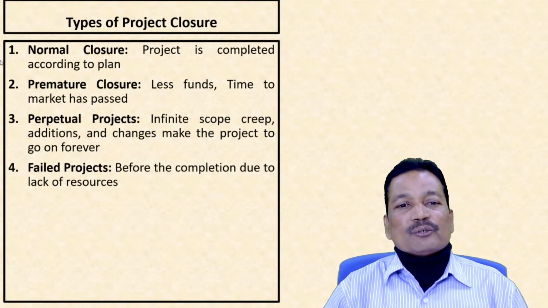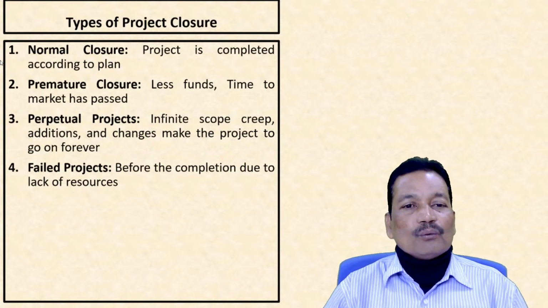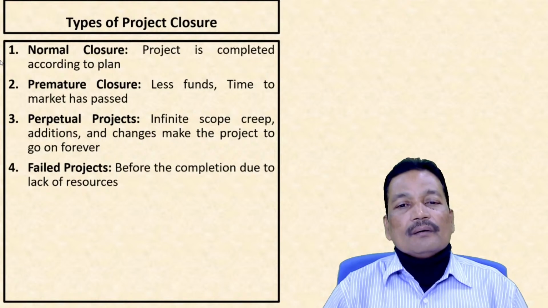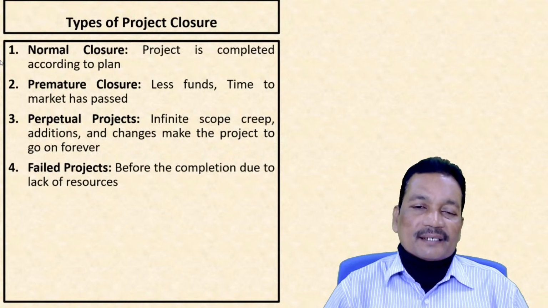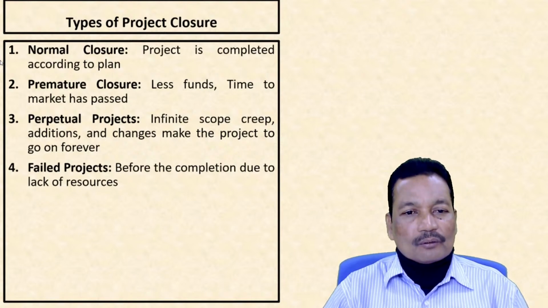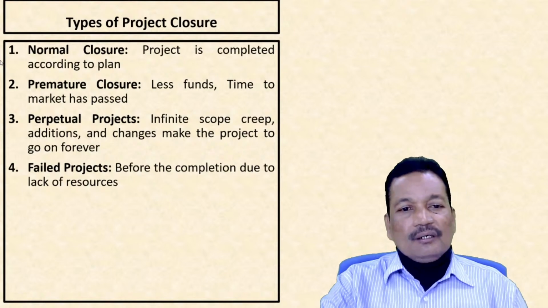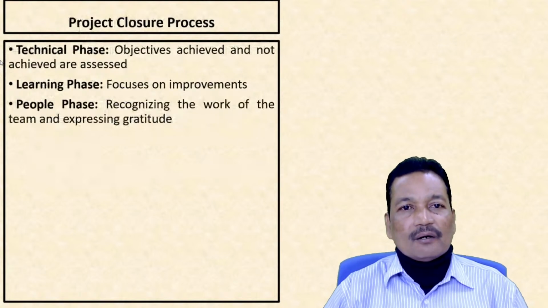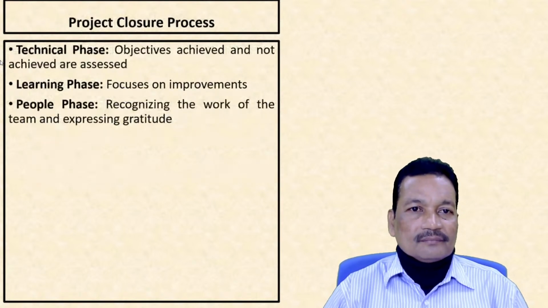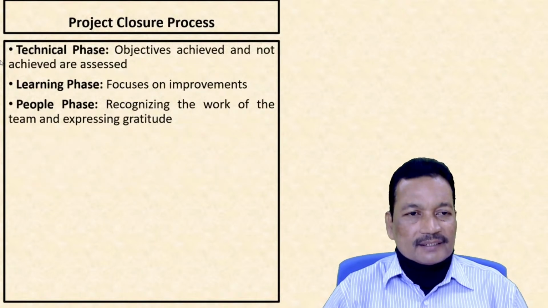Another is perpetual projects. Sometimes projects will go on for an indefinite period of time as the scope increases more and more. And finally, failed projects are those which are closed before completion due to unavailability of resources. Now, the process of closure includes technical phases.